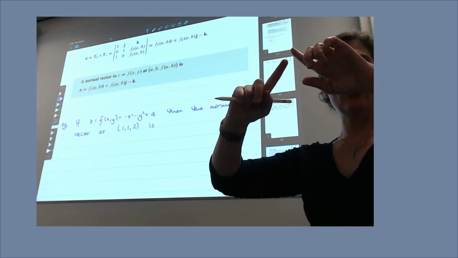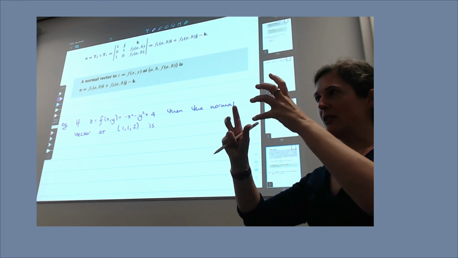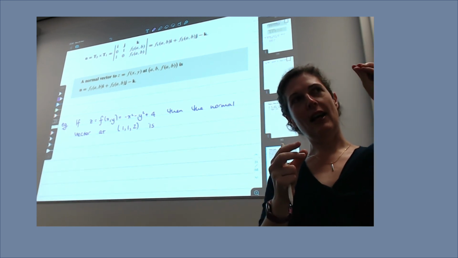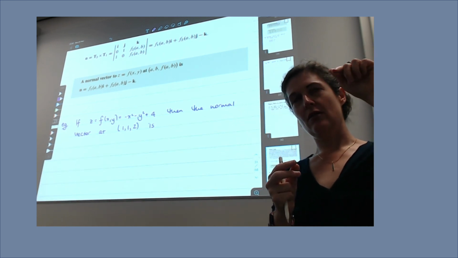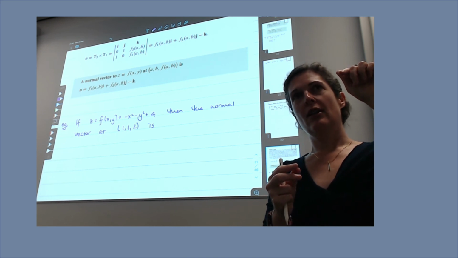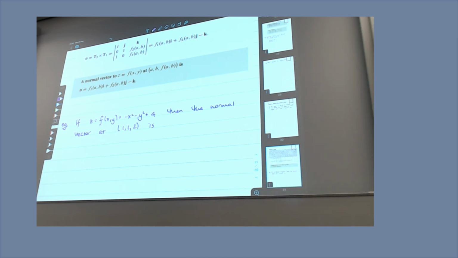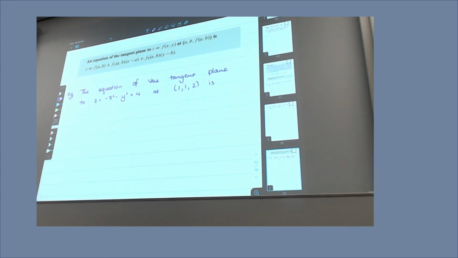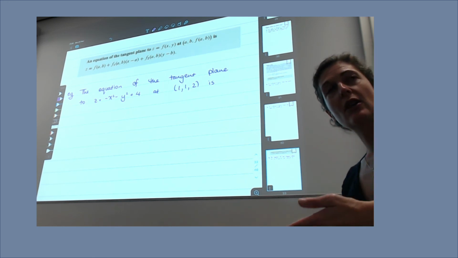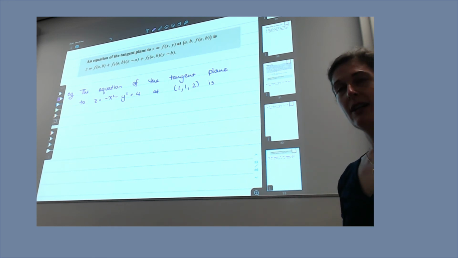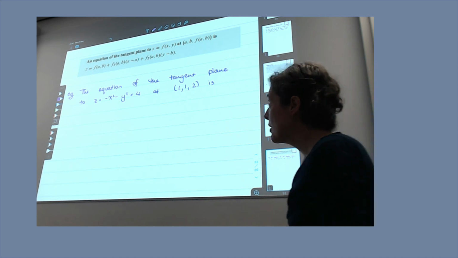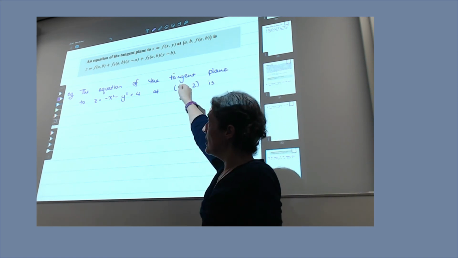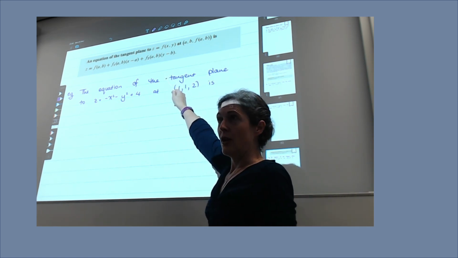We cross product those, so now we end up with a vector that is pointing either out or into our curve, but it's normal to the curve. And the final step is to use that to find our tangent plane, and we do that using what we did last week, which said if you have a normal and you have a point on the plane, you're good to go. So this is straight using stuff from last week.